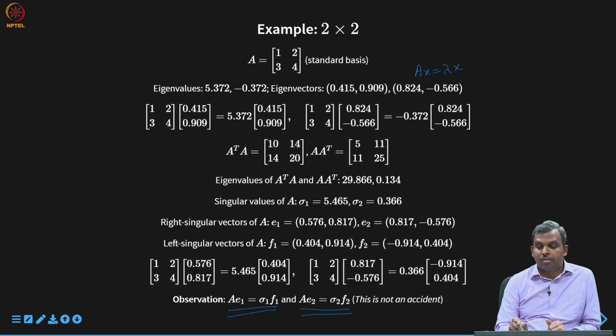So here you have two eigenvectors, they're not orthogonal. Here the singular vectors are always orthogonal. And then what happens to singular vectors when A operates on them? They go to orthogonal vectors as a result, right? The output is still an orthogonal set of vectors. These two are orthogonal. They are scaled by the singular values, and that's it, right.